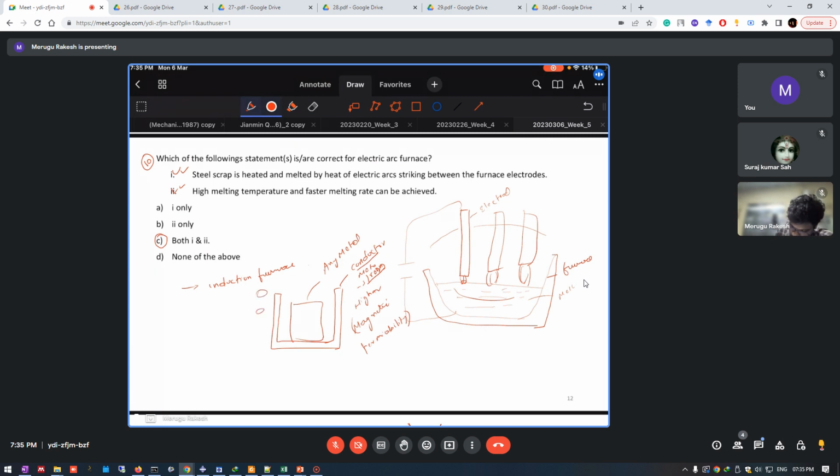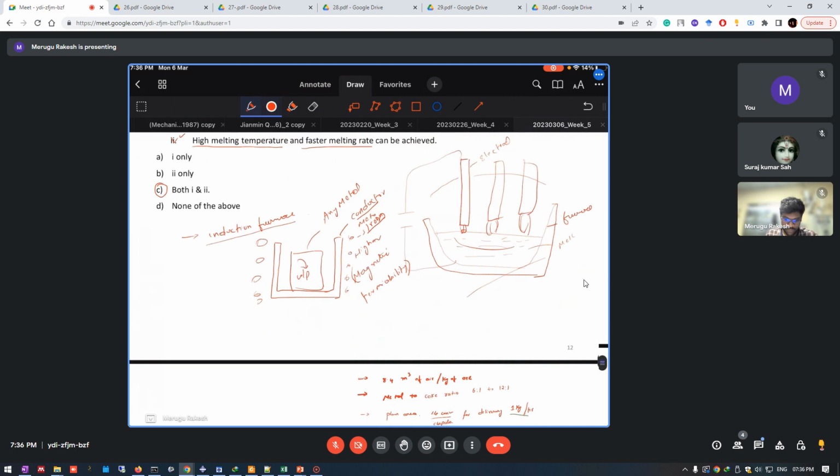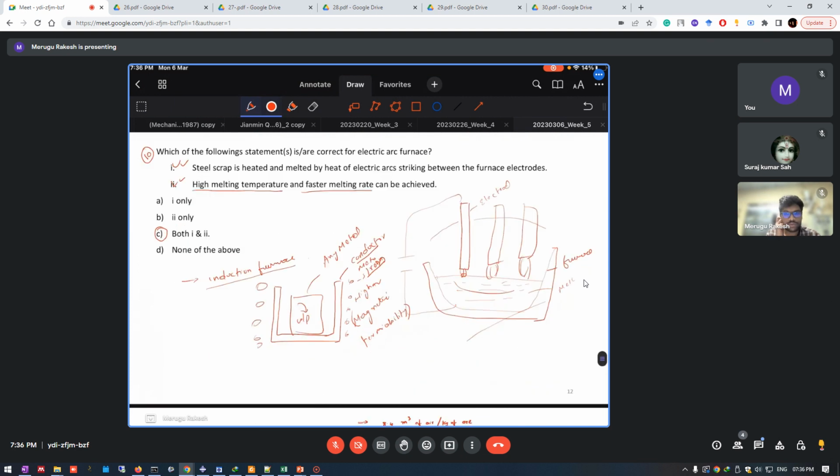Then we have this windings. This will generate some eddy currents in this workpiece or the charge, which is enough to melt the metal inside it. So higher melting temperatures and faster melting rate can be achieved in this induction furnace as well as the electric arc furnace. Okay.